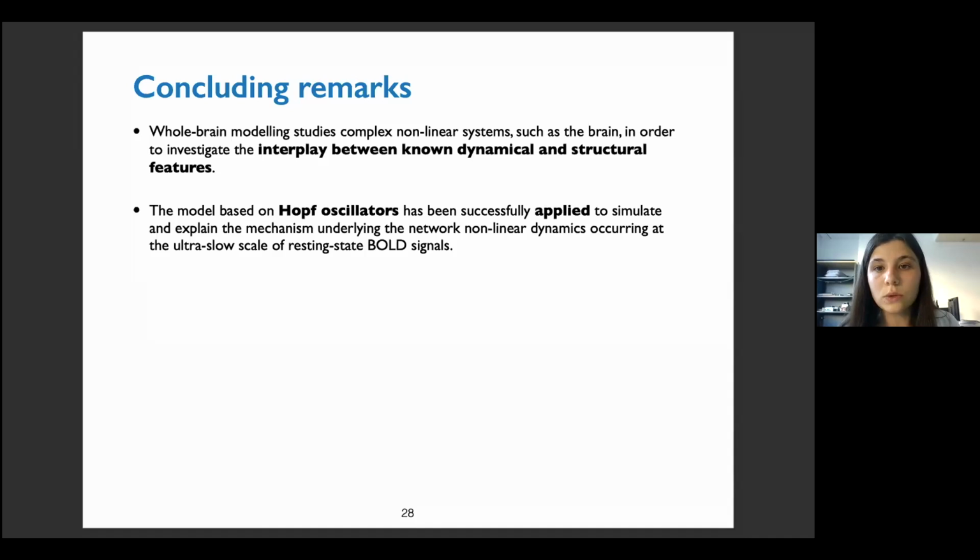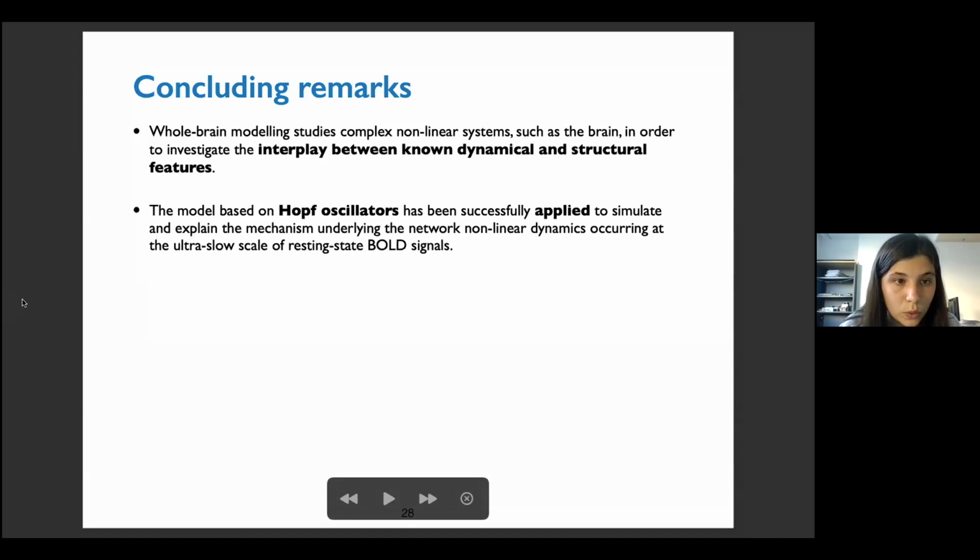In the second one, we included the structural features, and in the third one, we combined both, using also a real system, one resting-state subject. And we have also shown that this Hopf oscillator can be applied to simulate and also explain the mechanism underlying the nonlinear brain dynamics.